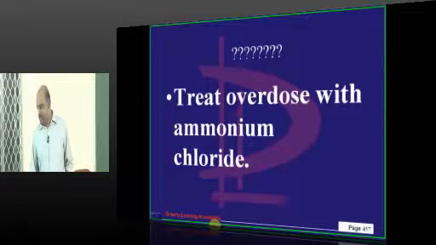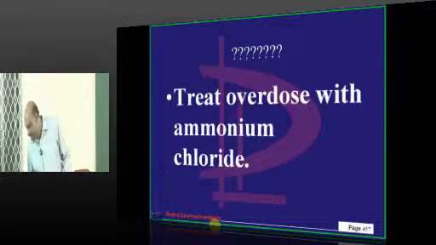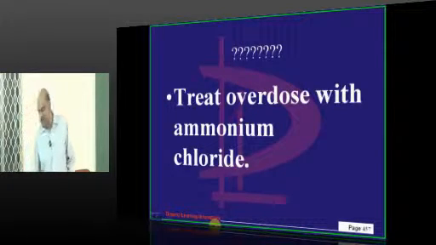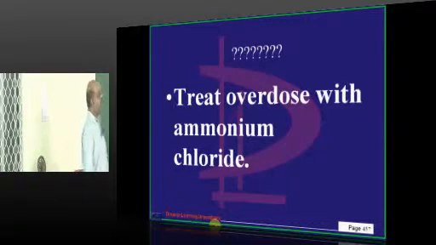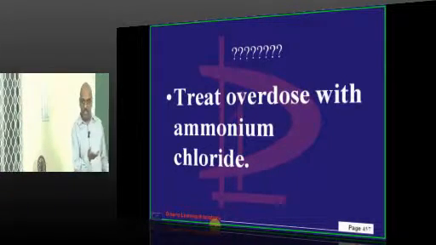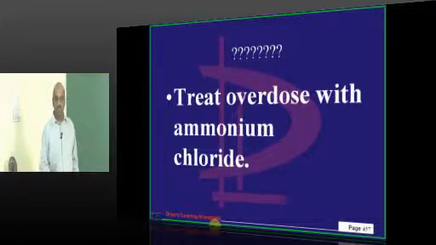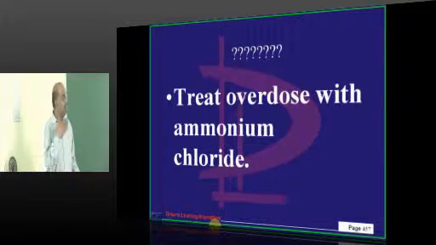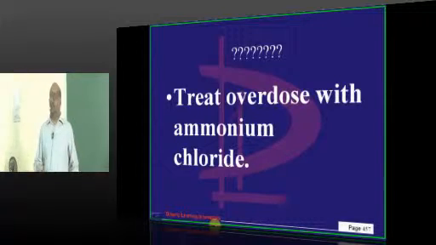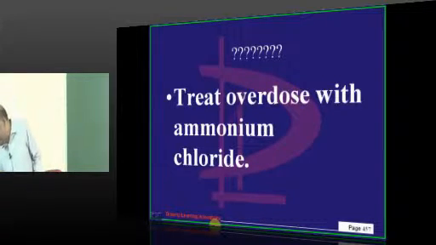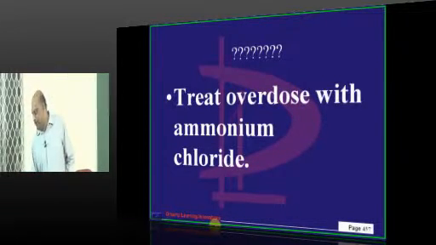Generally you will make guesses, no? Where are the guesses? I think the question is not clear. Which drug overdosage do we treat by administering ammonium chloride? That's right, doctor. I am waiting for that only.